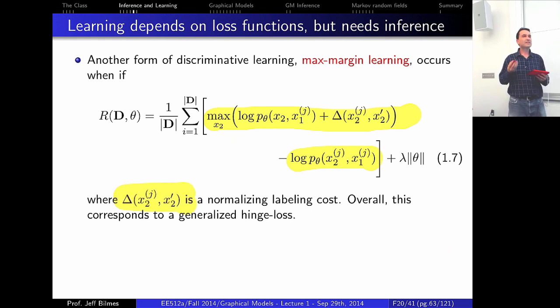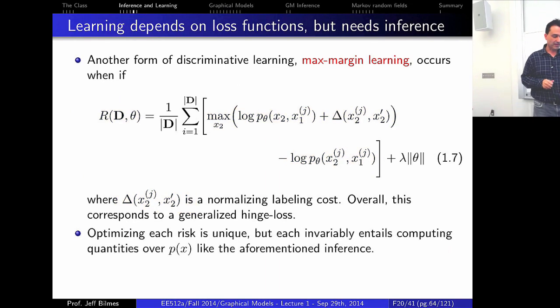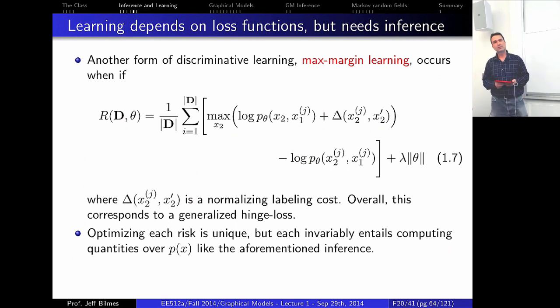Delta is like a normalizing label cost, and especially in structured domains, delta is very important. But all we're doing in max margin learning is changing the risk function, and once we've got this risk function, the goal of machine learning is minimizing theta inside of it. So we have 3 different types of learning. Now, how we do this optimization for each form of risk is going to be unique.